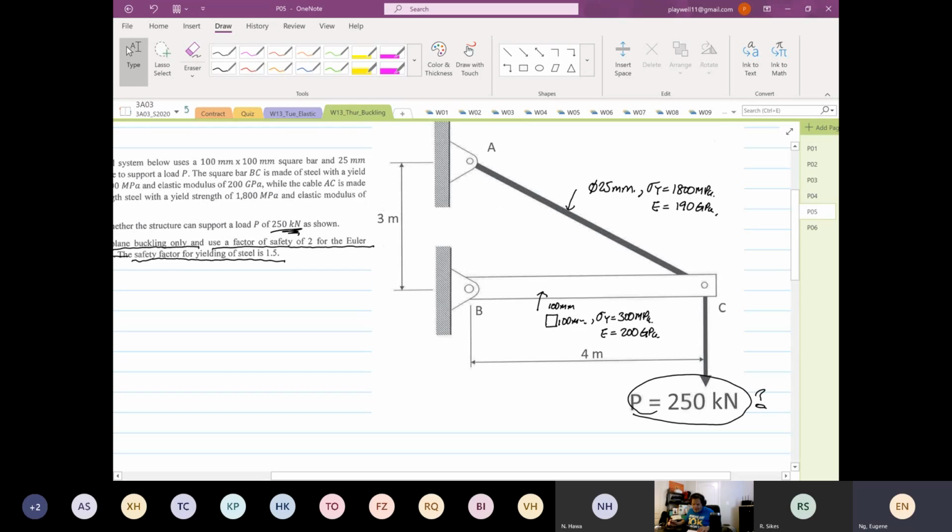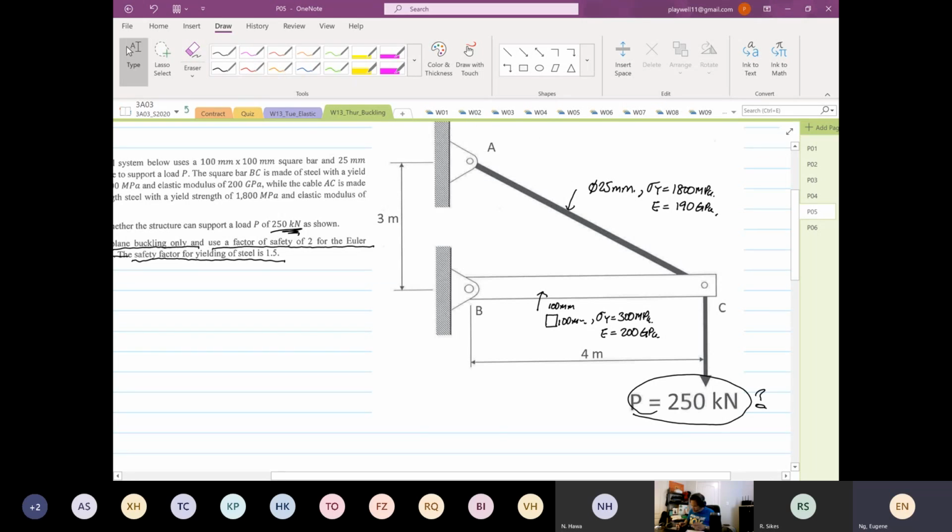Is it going to fail in buckling, or is it going to fail because the maximum stress that we calculate is greater than the yielding, and then the structure will fail. In this case, the failure is when the loading goes from elastic to plastic. That's how I consider failing. Okay, so that's how I look at failing.